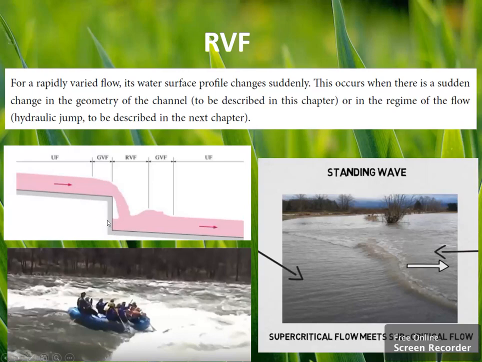Therefore, they can create rapidly varied flow. And in this chapter, we totally consider this kind of rapidly varied flows. However, for the case of hydraulic jump, we will discuss the issue in chapter 12.